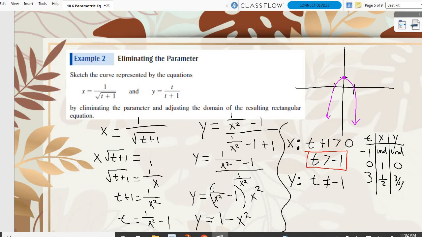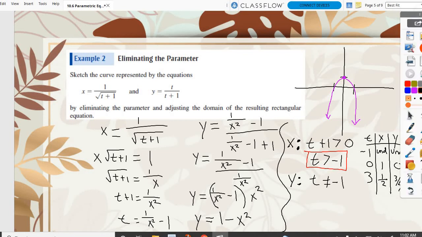So now we need to think about how that pattern would continue. As my t values get bigger and bigger, what's going to happen to our x and y values? They're going to shrink. Specifically, what are they going to shrink towards? 0. What is x getting closer and closer to? 0, right? So this is at 1, 0.